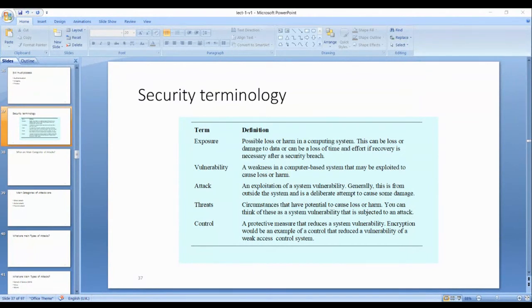Stuxnet used 4 zero days of the Windows operating system. One of them was print spooling.